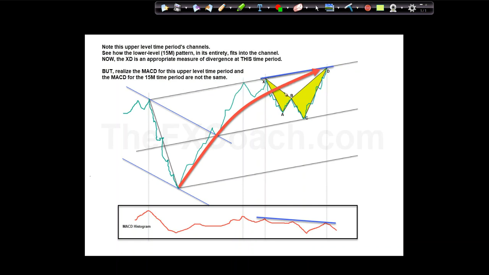Do you see the difference of when it's appropriate to use the XD and when it's not? That's a yes, no question. That's what the chat box is for.